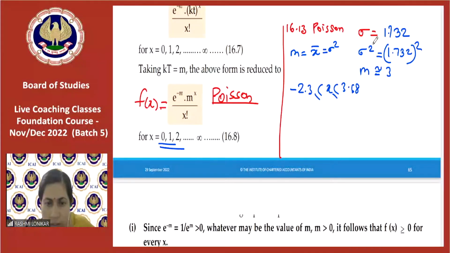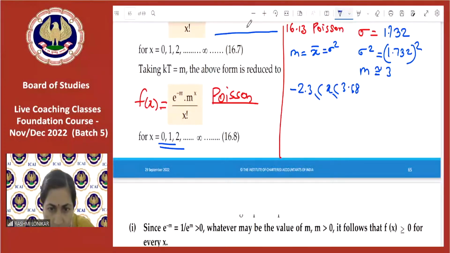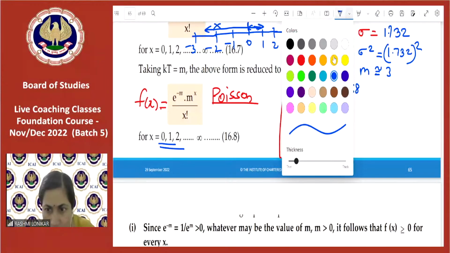So on the number line, this is my 0, this is my minus 1, minus 2, minus 3, and here I have 1, 2 and 3. Anything below 0, I will not take for Poisson. For Poisson, I can take from here onwards, only this side.